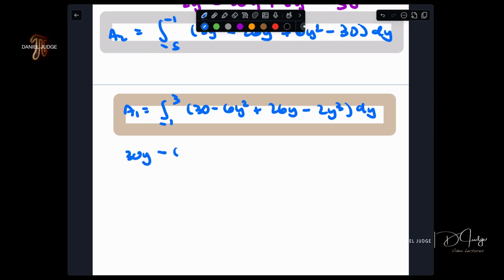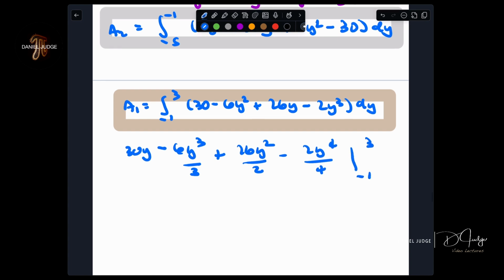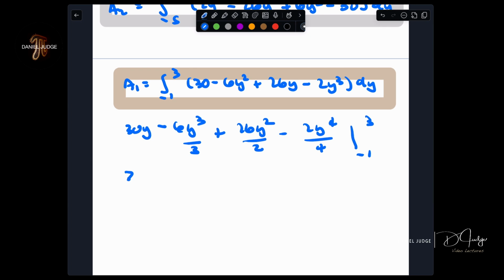30y minus 6y cubed over 3, 26y squared over 2, 2y to the 4th over 4. We evaluate that from -1 to 3. So it's 30y minus 2y cubed plus 13y squared minus y to the 4th over 2.